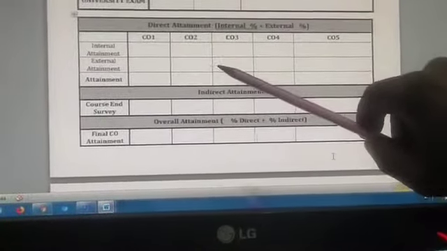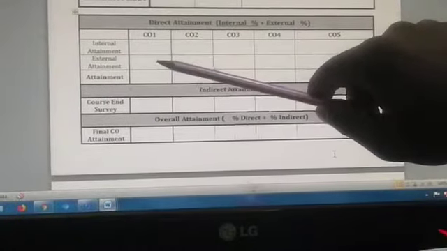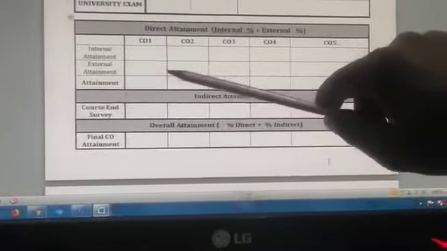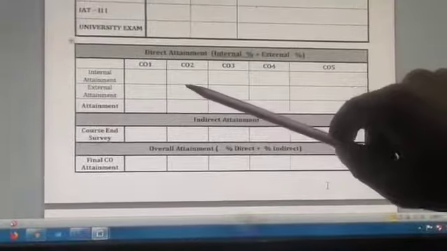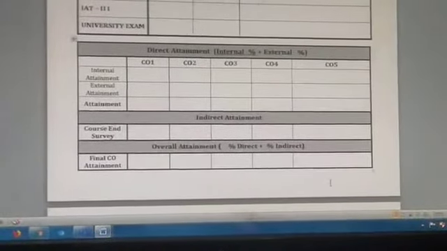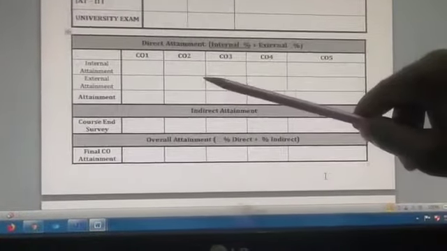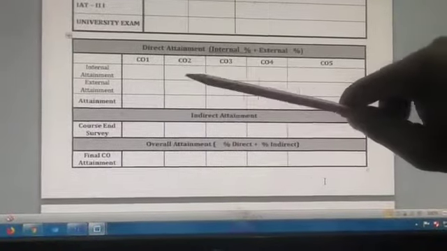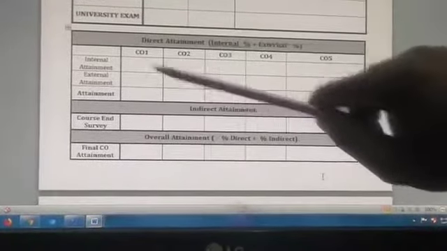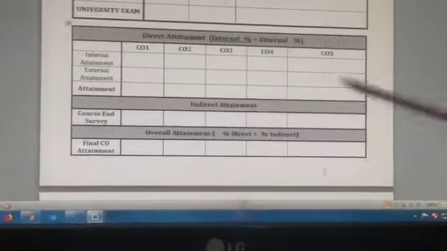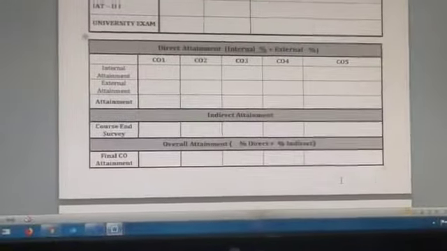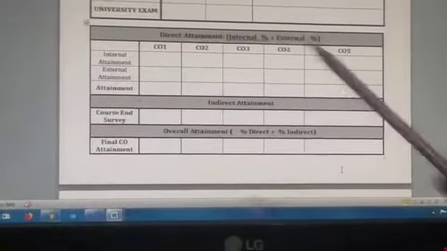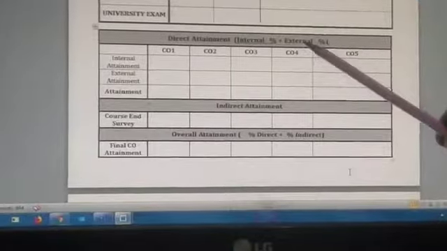Therefore, the attainment from the university examination is common for all COs. If we have got the attainment as 3 in the university examinations, this is common for CO1, CO2, CO3, CO4 and CO5. So direct attainment is equal to internal attainment plus external attainment.